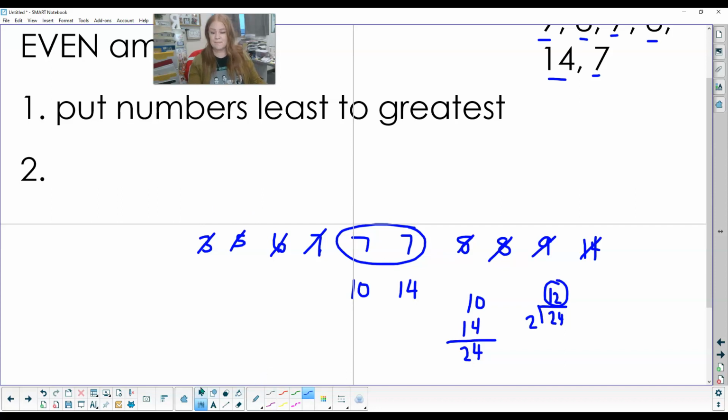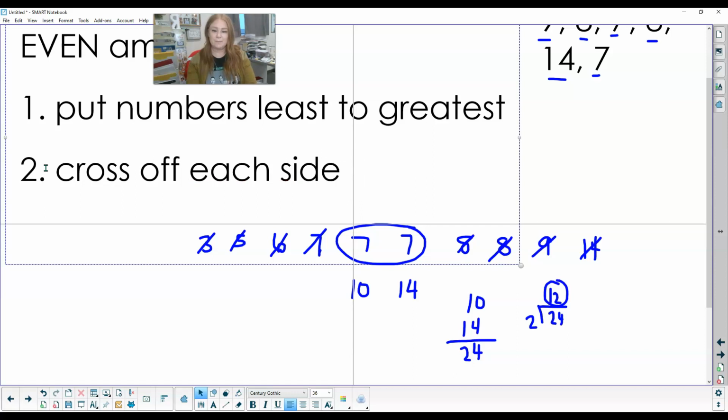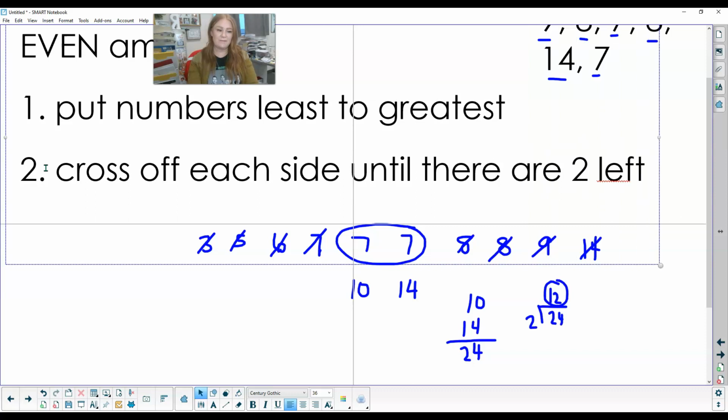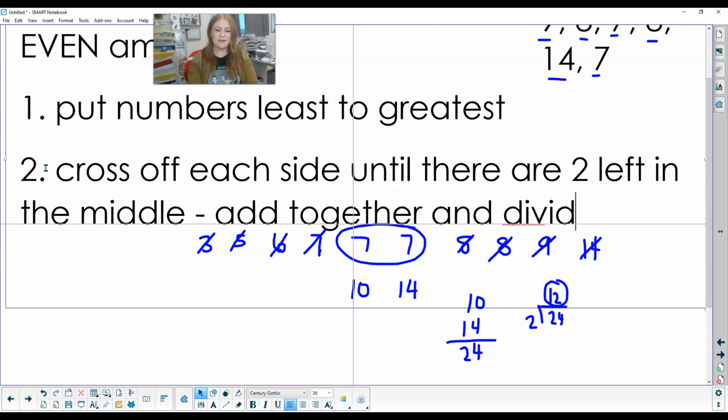So if you have an even amount, you're going to cross off each side until there are 2 left in the middle, add together, and divide by 2.